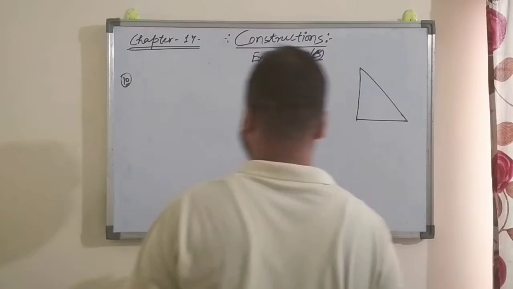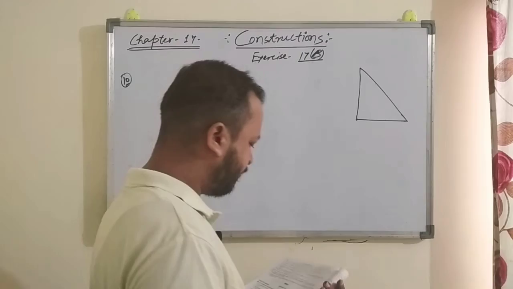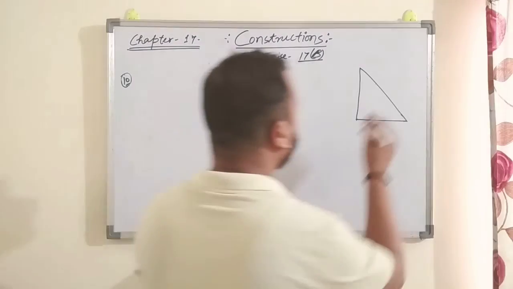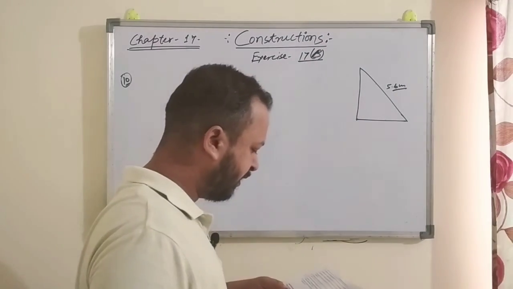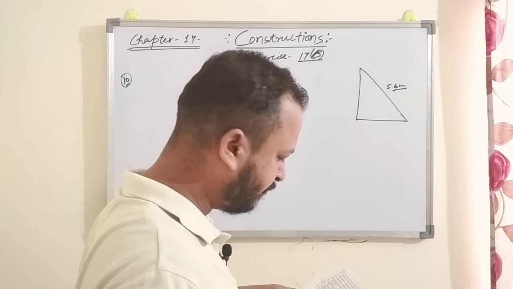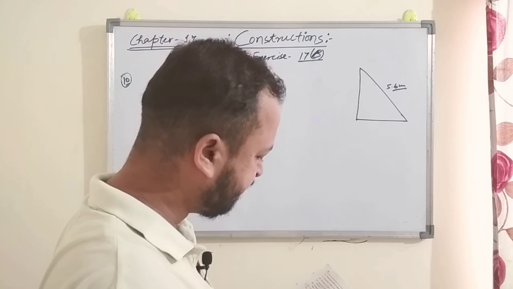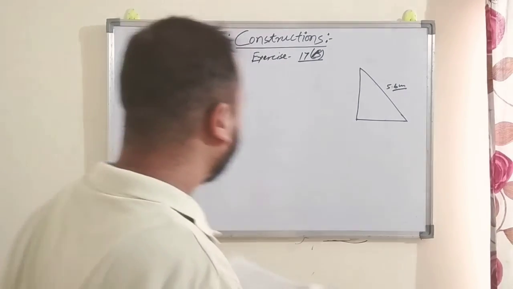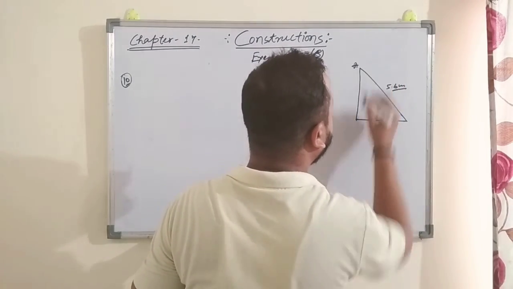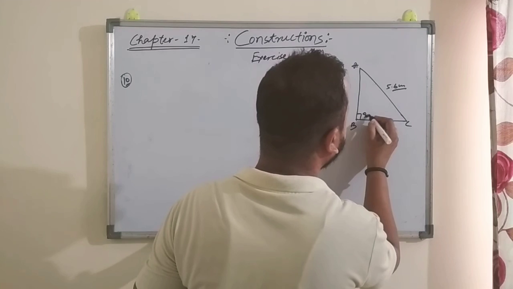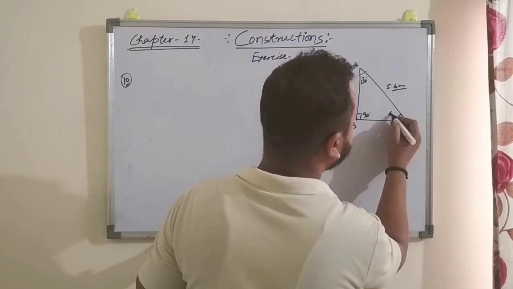Construct a right triangle having hypotenuse 5.6 centimeter, and one of whose acute angles is 60 degrees. Suppose this is A, B and C. This angle is 90 degrees. Suppose this angle is 30 degrees. So it means this angle is 60 degrees.